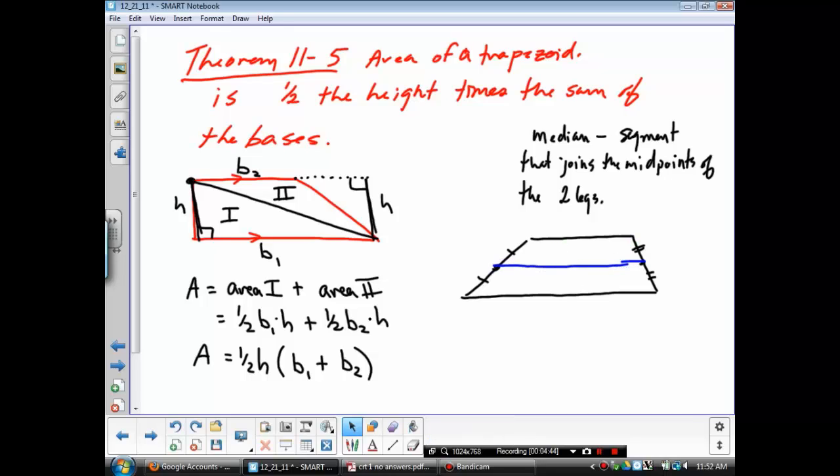It is parallel, and what about its length? It's half the sum of the bases. It's the average of the base lengths. So if this is base 2 and this is base 1, the median is 1/2 the sum of those bases.